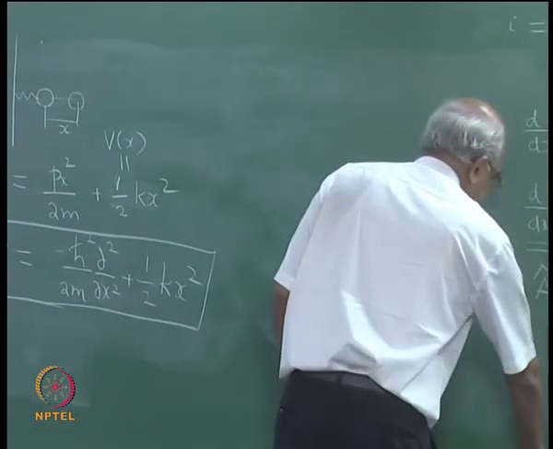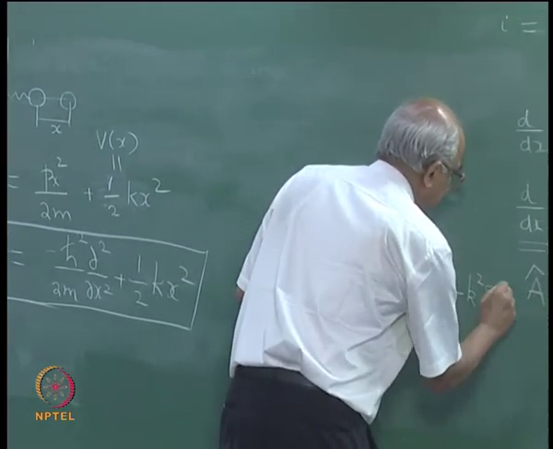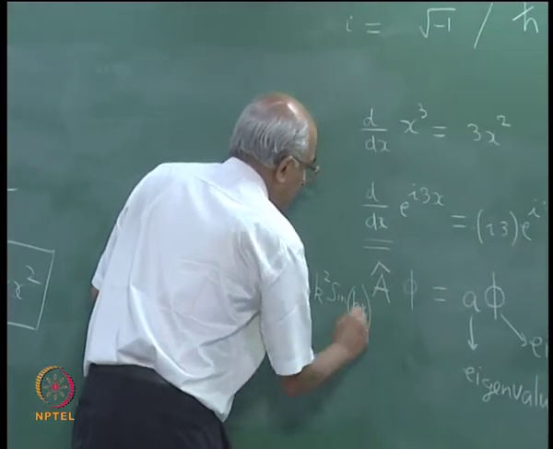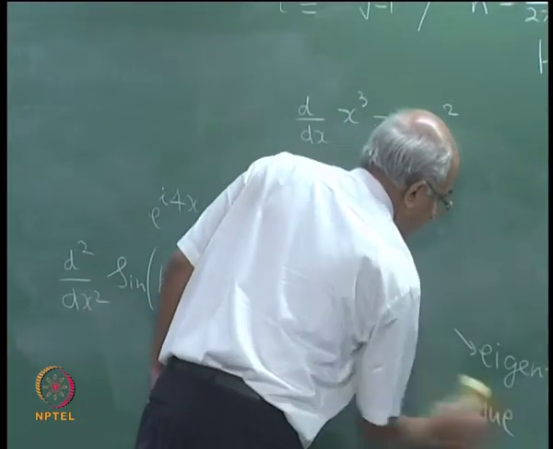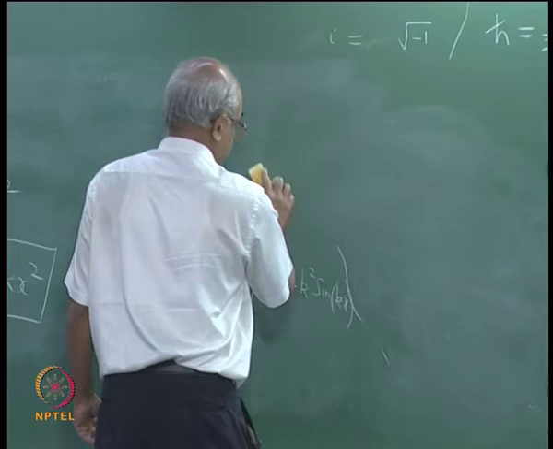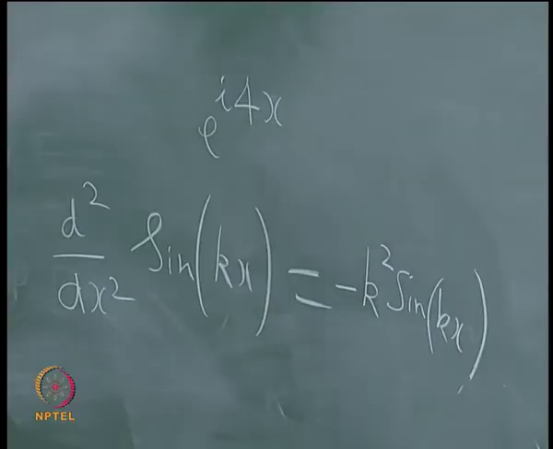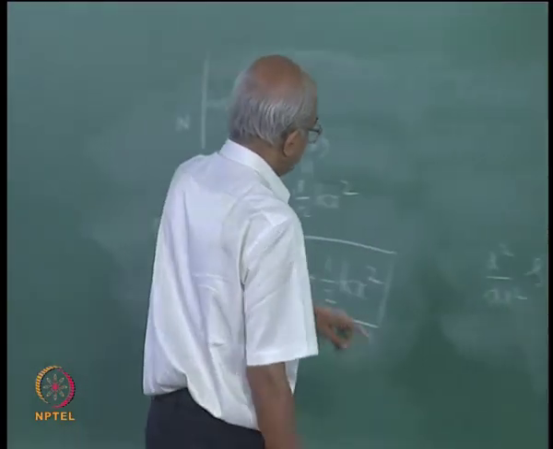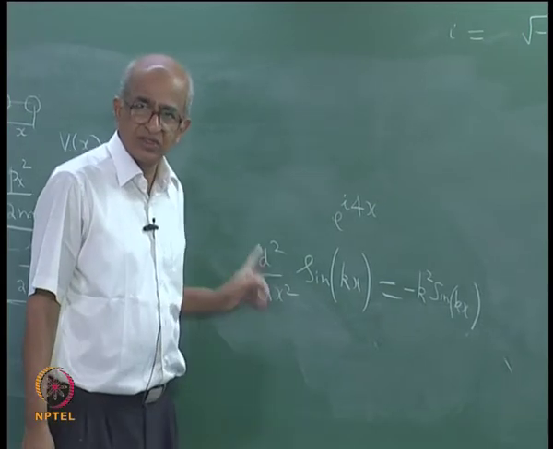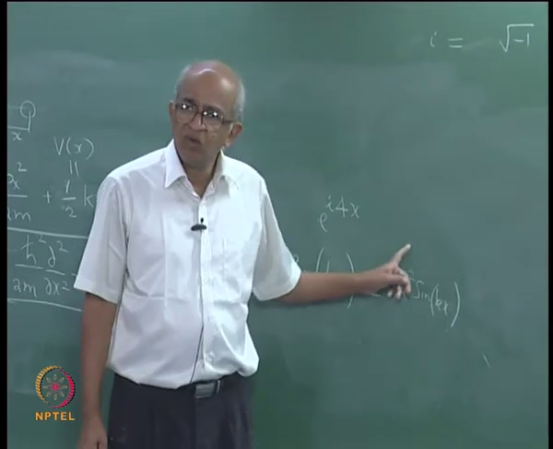The answer is going to be minus k square sin kx. Okay. So, this makes you realize that sin kx is an eigenfunction of the operator d square upon dx square, and the associated eigenvalue in this case is minus k square.